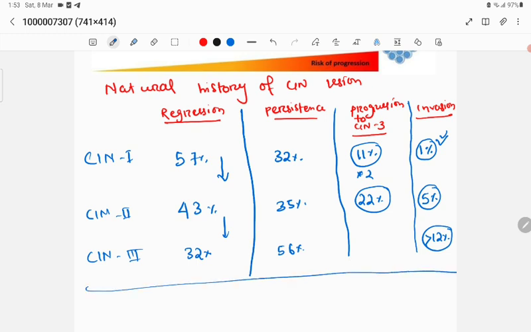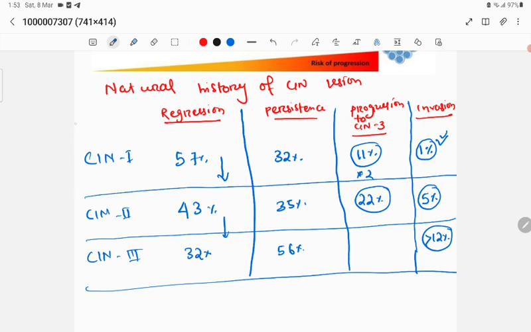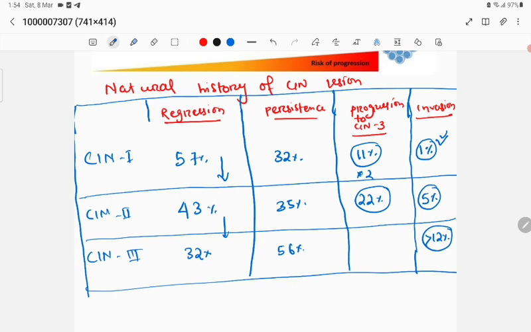If you remember it, then you can answer every question regarding progression, persistence, regression, and invasive lesions. Okay, this is the natural history of CIN 1, 2, 3. Okay. So very, very important.